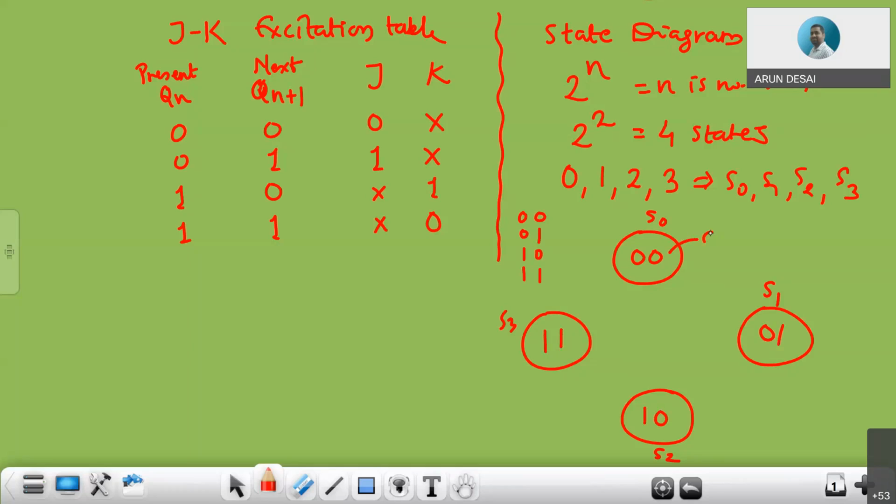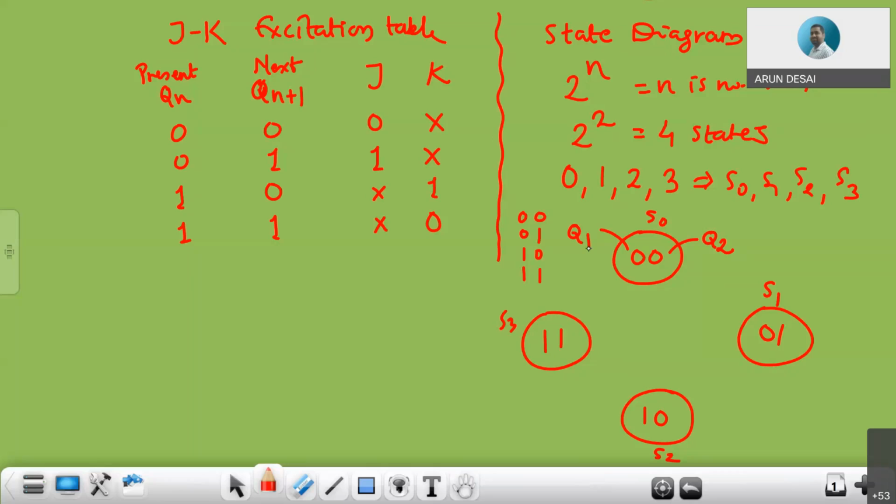Which is basically the output. This is my Q2 and this is my Q1, right? So these are basically the states of the output of the flip-flops, right? So Q1's output and Q2's output are there.